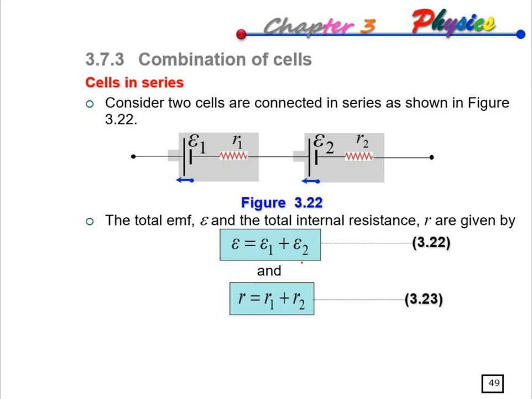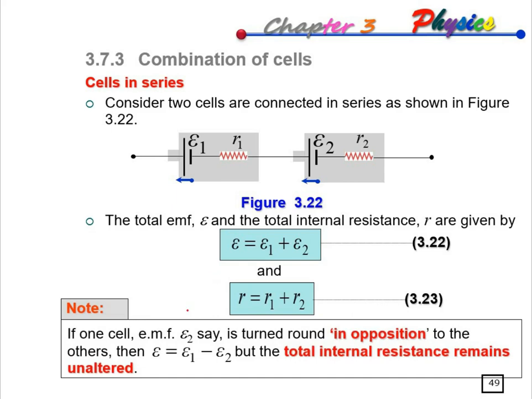The total EMF equals EMF1 plus EMF2, since the connection is in series and in the same direction. And for the total resistance, R1 plus R2. This follows resistors in series.